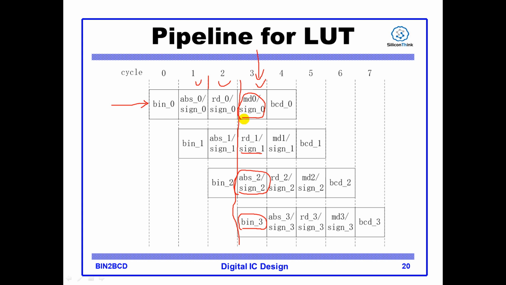Yes, we just get the D out from ROM and we latch it, we register it. So from the view of one cycle, different inputs will be in different calculation stages, and for each calculation stage, there is just one input at this stage.